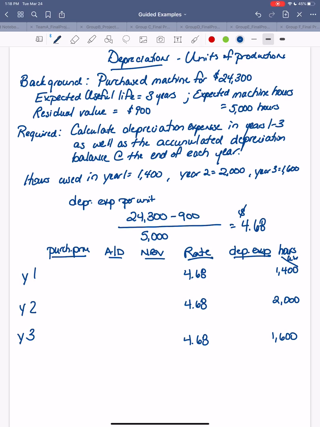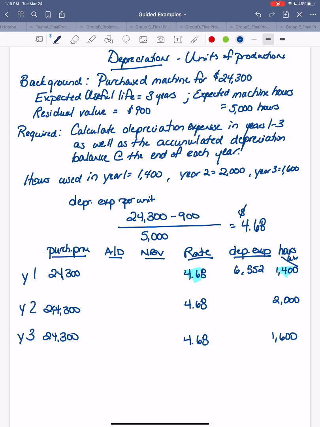All right, so my purchase price is 24,300. That doesn't change. And now let's do the calculation. So if I take 1,400 hours times the $4.68, that means I'm going to have depreciation expense in that first year of $6,552.